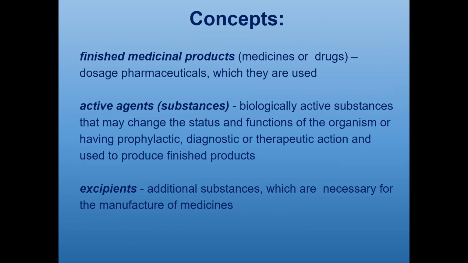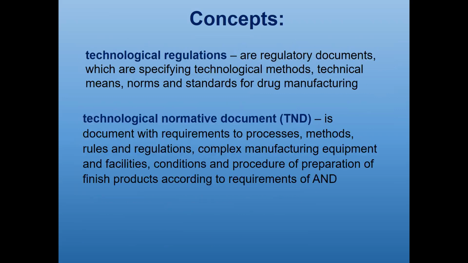Finished medicinal products are dosage pharmaceuticals; active agents or substances are biologically active substances that may change the status and functions of the organism; excipients are additional substances. Technological regulations are regulatory documents which specify technological methods, technical means, norms, and standards for drug manufacturing.